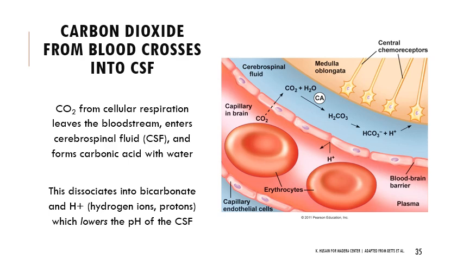This is catalyzed by an enzyme that we'll talk about again later. Then that carbonic acid dissociates into bicarbonate and protons, hydrogen ions, those H+. Remember that a characteristic of an acid is dissociation into protons. So this is making the cerebrospinal fluid more acidic, lowering the pH. Remember, a low pH is acidic. And we see that process here.